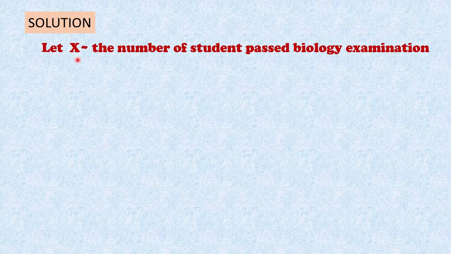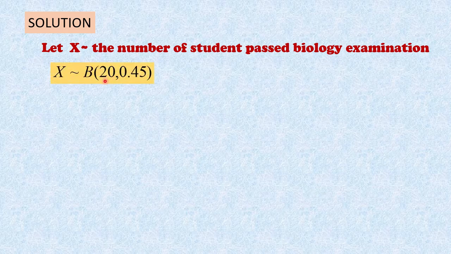Okay, so what is the solution? We start with: let X be the number of students who pass the biology exam. X is a binomial distribution, n equals 20, the number of students, and p equals 0.45 is the probability that represents a student passing the biology exam.